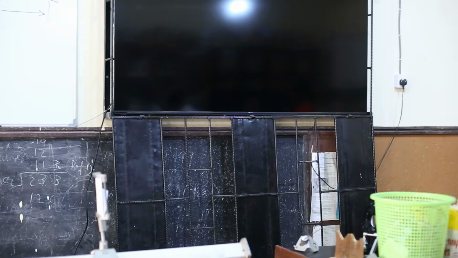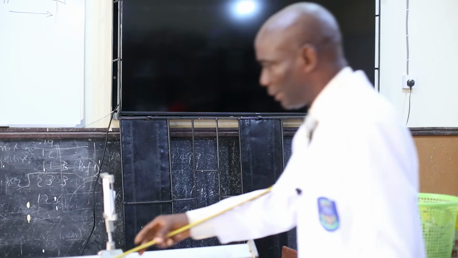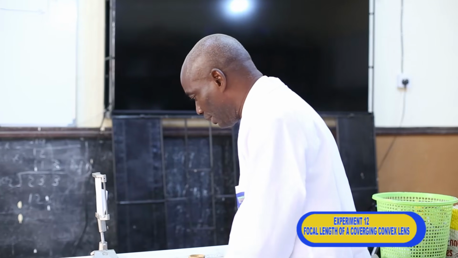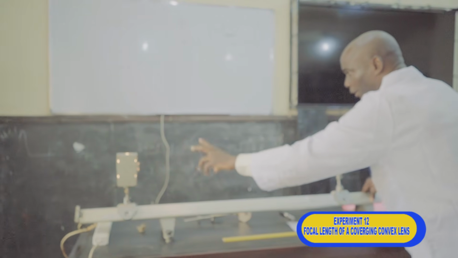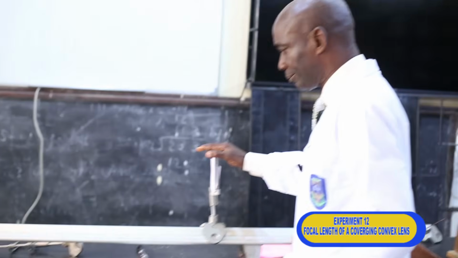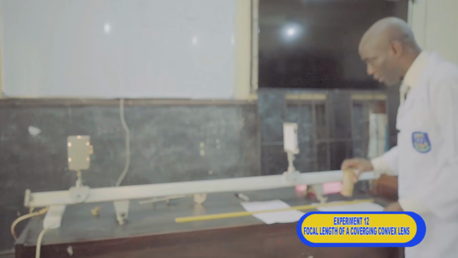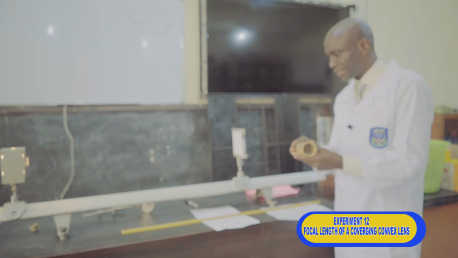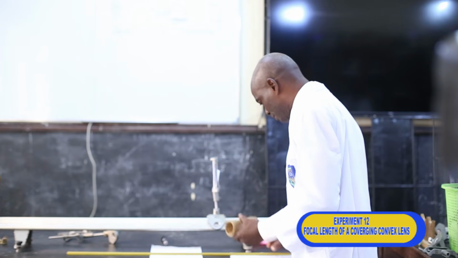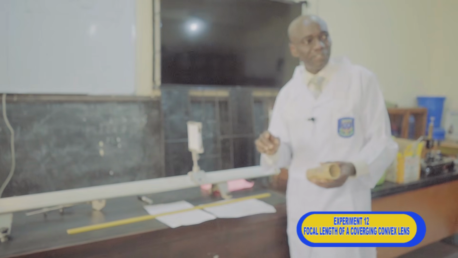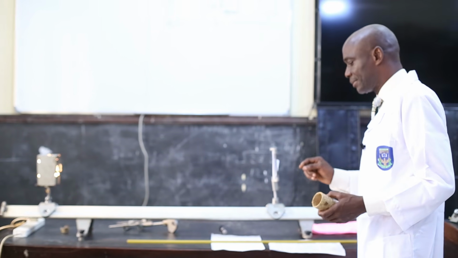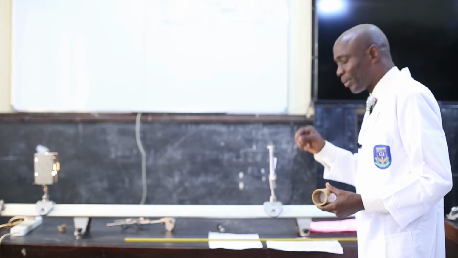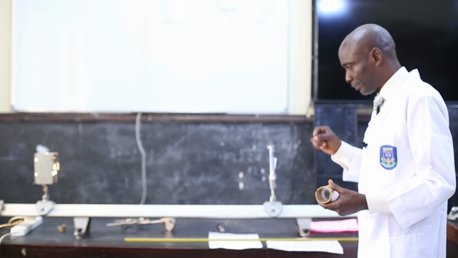The second method is the displacement method. Now we will need the optical bench, the ray box with cross wire, the white screen, and our convex lens. Following the procedure, the first thing is to place the ray box and the screen about 7 times the approximate focal length we got in the first method.